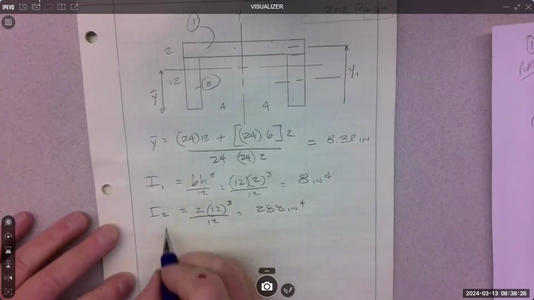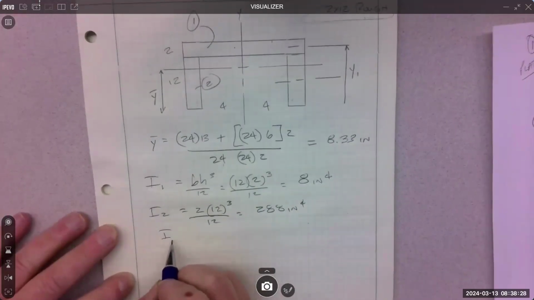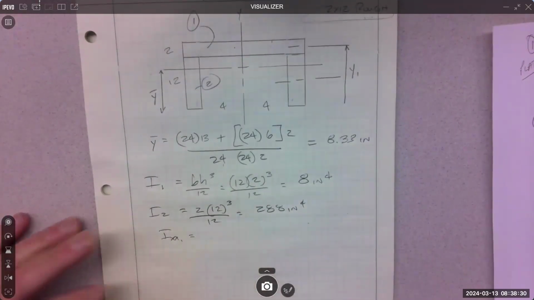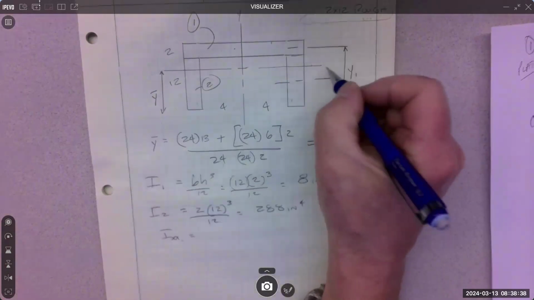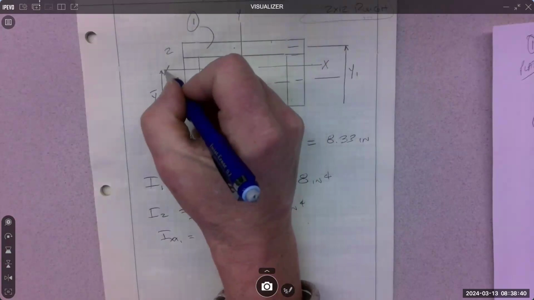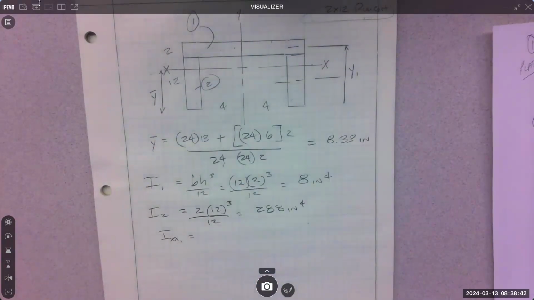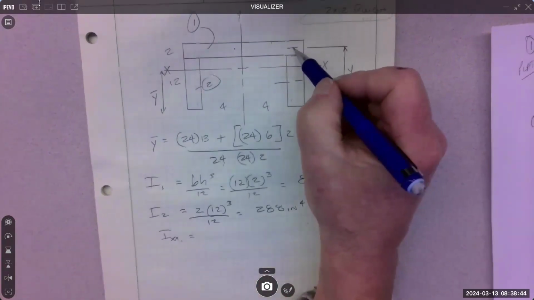So now we gotta transfer this first shape. Do we have to transfer the first shape? Oh, yeah. Here's our X axis, and here's the axis for the first shape.